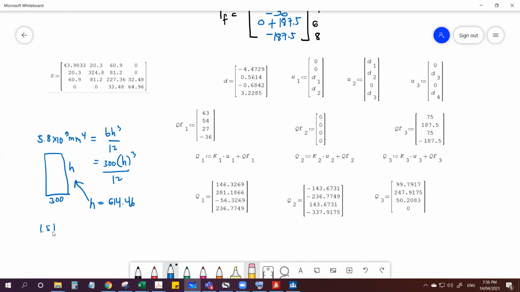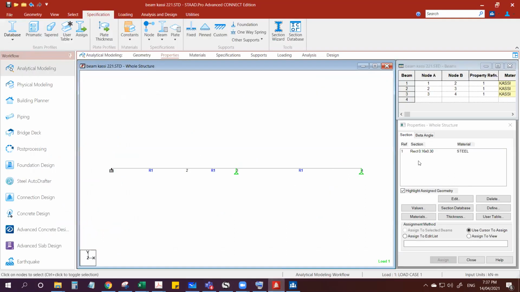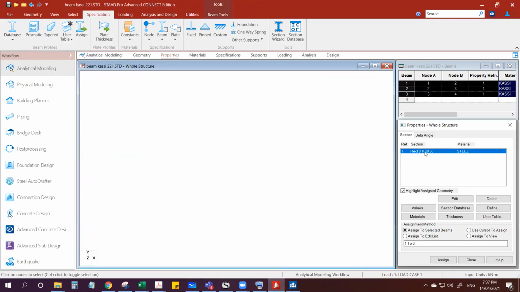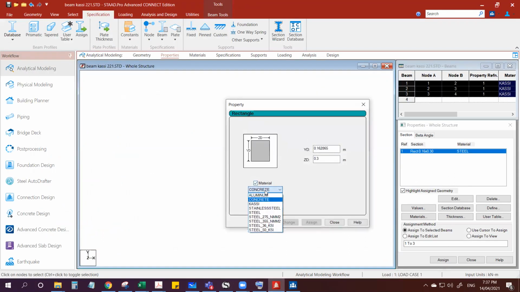For the 1.5I, the section is only 450, and the height is this, 614.46. So I'll change this. I'll choose our new material.